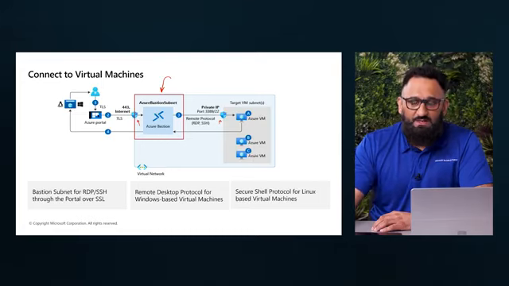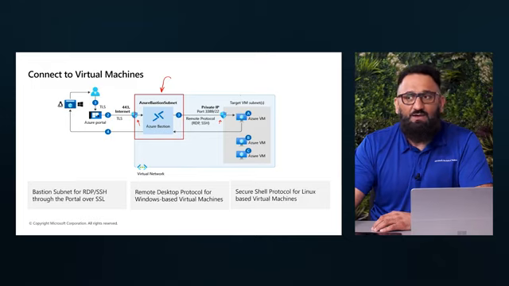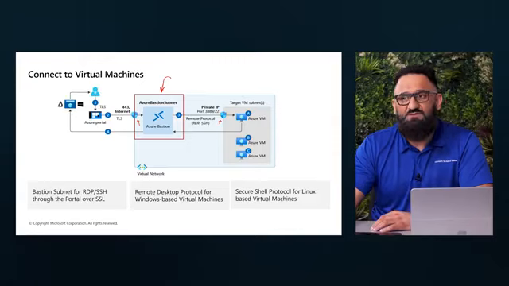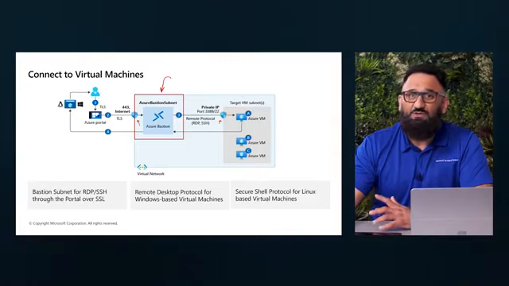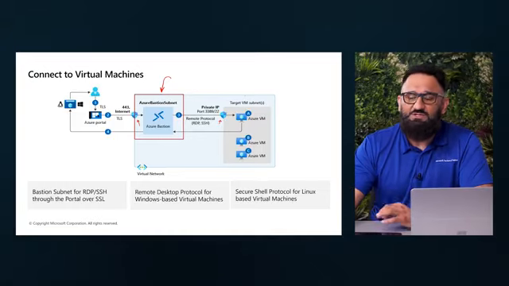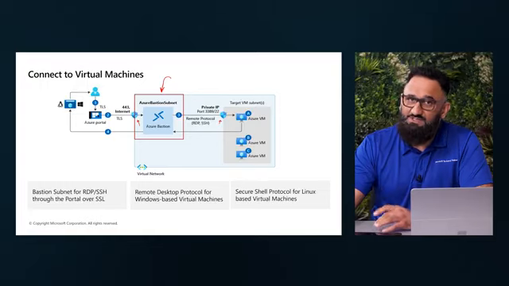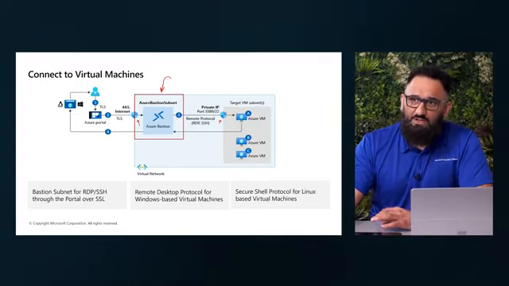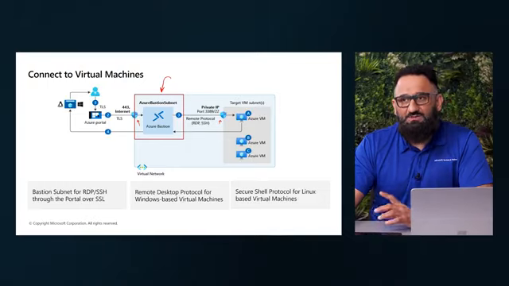Now, a single Bastion service will allow me to connect to up to 50 virtual machines at a time. That's a limitation on this service at the moment. However, these are not 50 concurrent sessions to the same virtual machine. I can use this service to connect to 50 different machines at a time. For a single virtual network, I only need one Azure Bastion service.